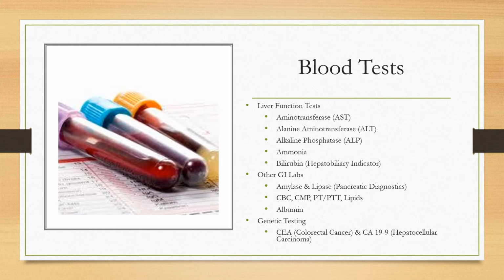So anything that injures the liver, such as hepatitis or cirrhosis, will cause an elevation of bilirubin in the bloodstream because the liver isn't processing and excreting the bilirubin normally.